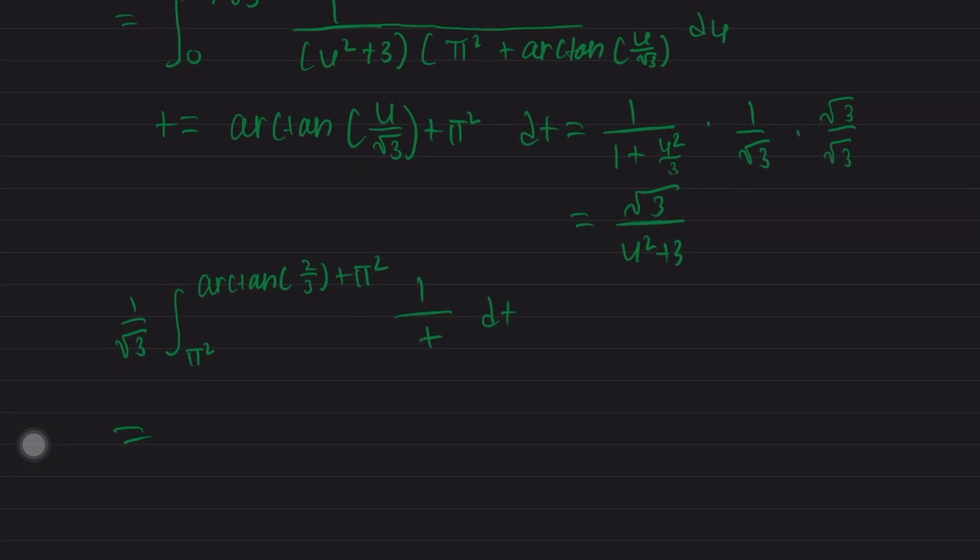1 over t is just the natural log of t, the absolute value of t, more specifically. However, that will not make a very big difference. Now we can plug in our bounds.